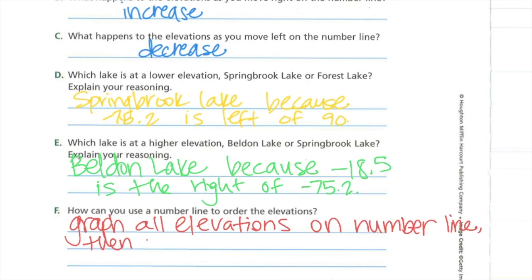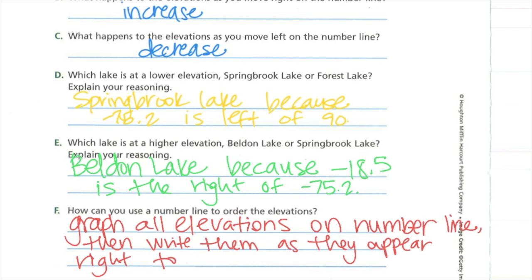Then we can just write them as they appear, right to left. So we know that numbers are in order on our number line from right to left. If we look at just the ones we plotted, we can just pick out the dots and order those right to left. All right, we are ready for the next page.